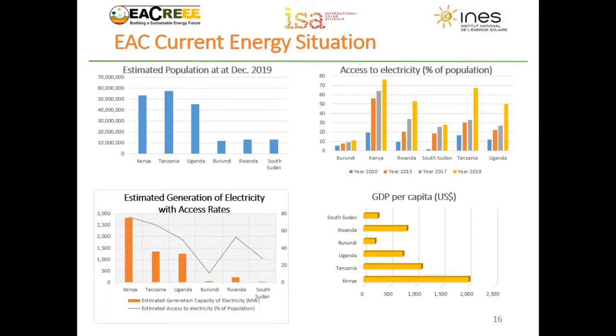And the 3 others also have quite similar regime, with Tanzania, Kenya, and Uganda having a population of over 45 million each, and Burundi, Rwanda, and South Sudan having a population of less than 14 million each.